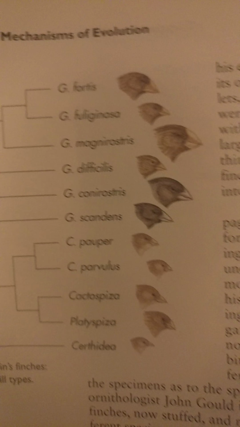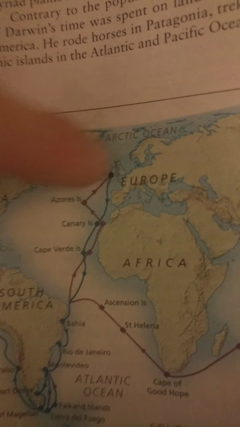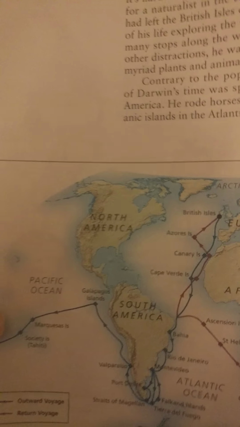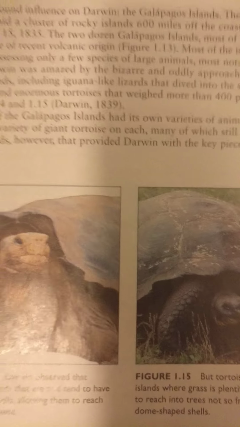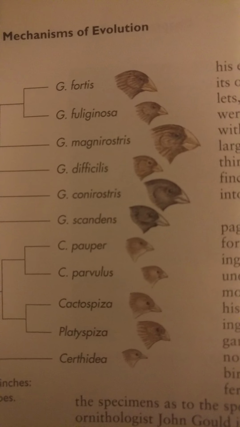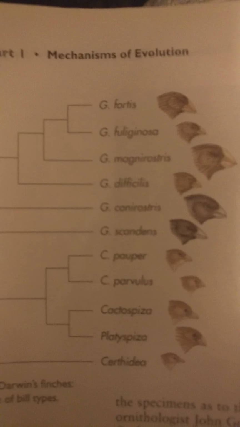These are all the birds that were found on the Galapagos Islands when Darwin was traveling all throughout, trying to figure out where all the animals came from, what they did, etc. See the turtles? So anyway, all this is to say that I want you to really pay attention, because none of this is spontaneous.